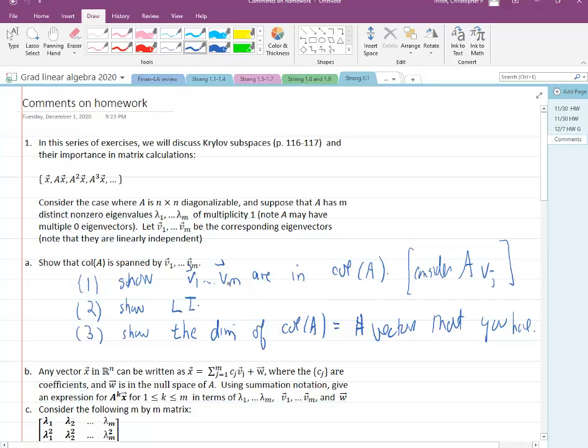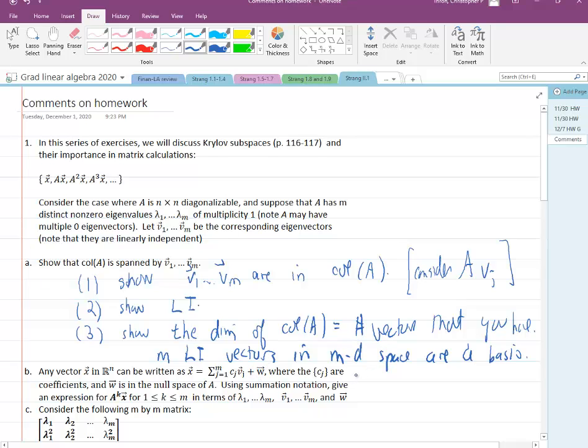Now, if you have m independent vectors in an m-dimensional space, then that's a basis. So I should say m linearly independent vectors in an n-dimensional space are a basis. And that's something that we've talked about before. That's a fact of linear algebra.